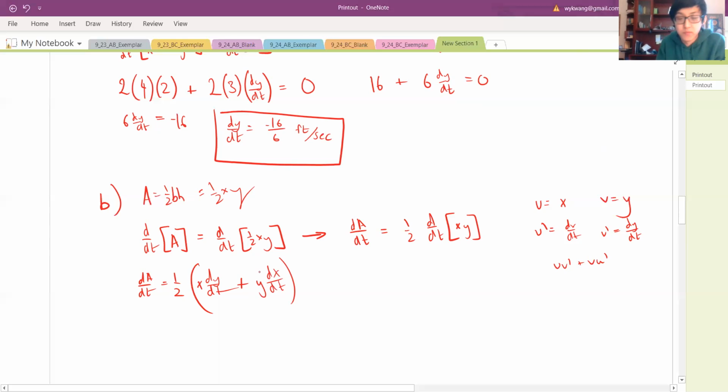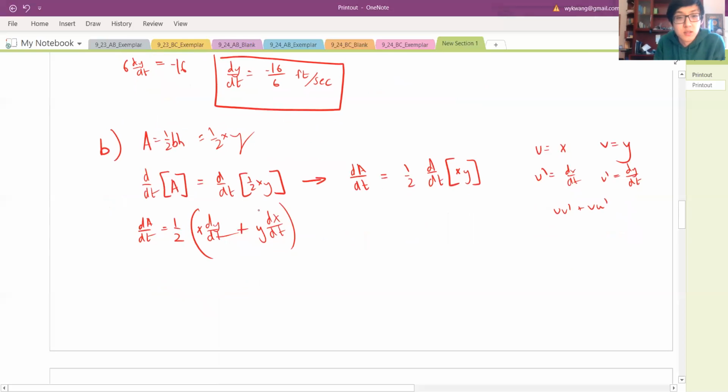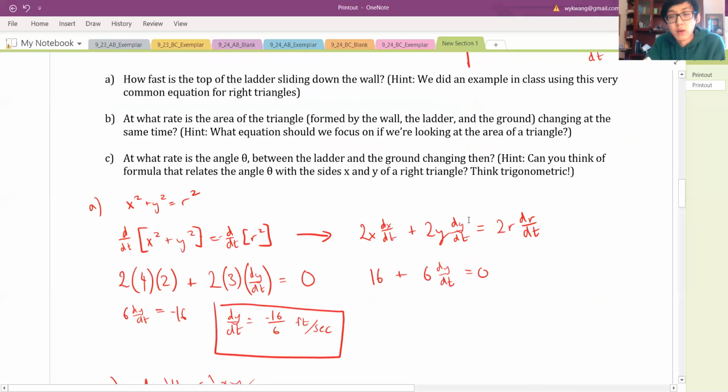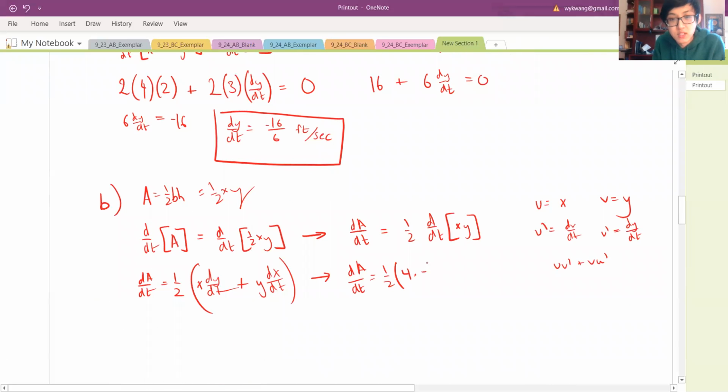But cool. Let's see if we can substitute in stuff now. So dA over dt, which is what we're solving for, is equal to 1/2. And x, we already know, is 4 times dy over dt. dy over dt is negative 16 over 6. Plus y. y is 3, we solved for that already.